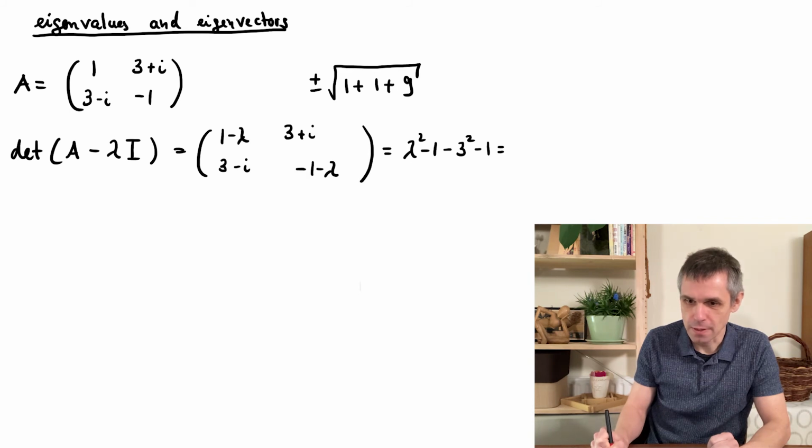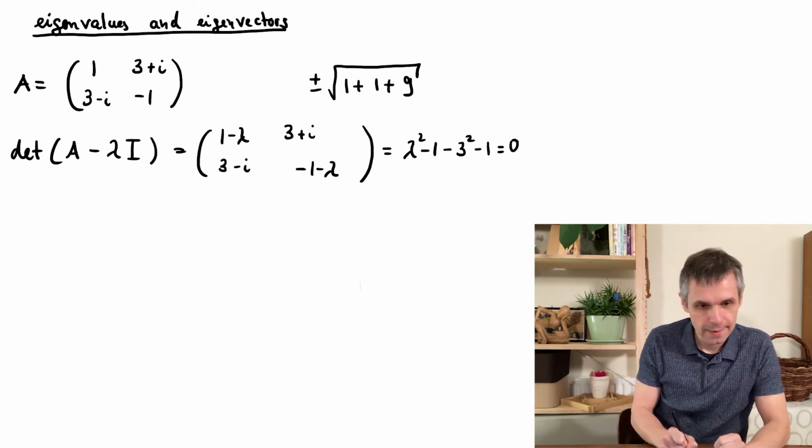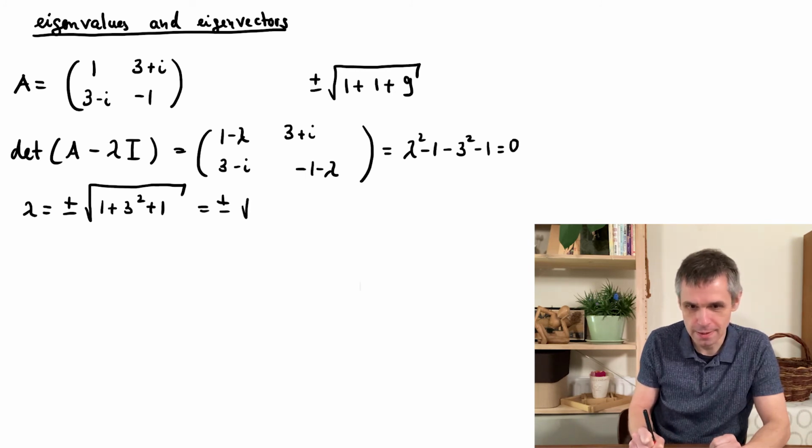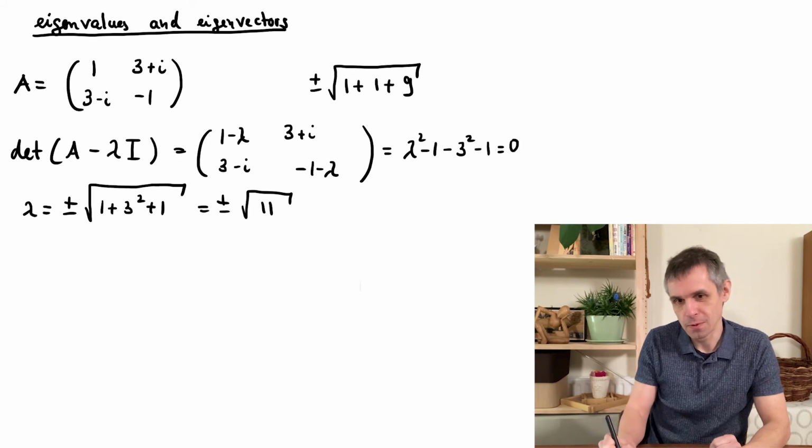And this we have to set equal to 0. And now this gives us lambda equals plus or minus the square root of 1 plus 3 squared plus 1, so plus minus square root of 11, which is indeed what I've written down here.